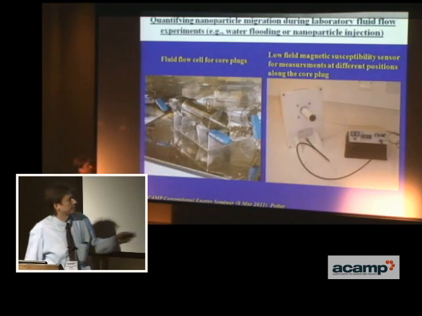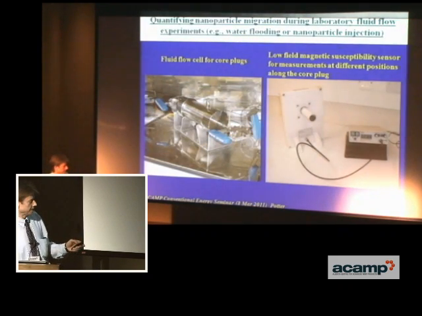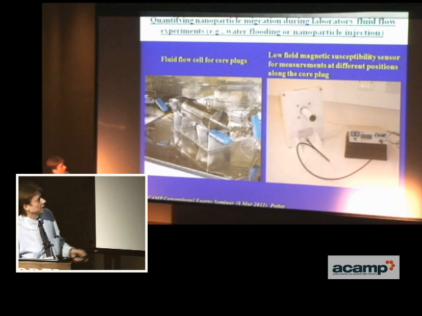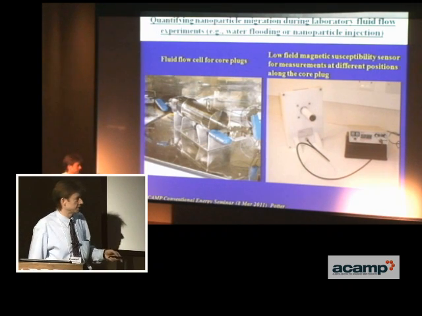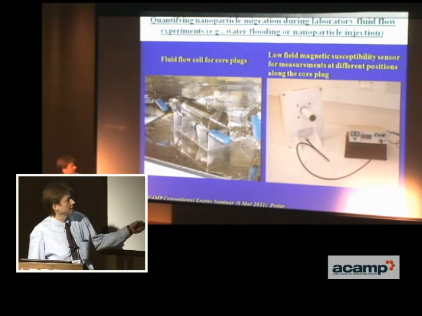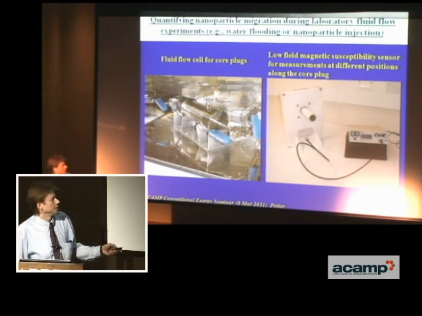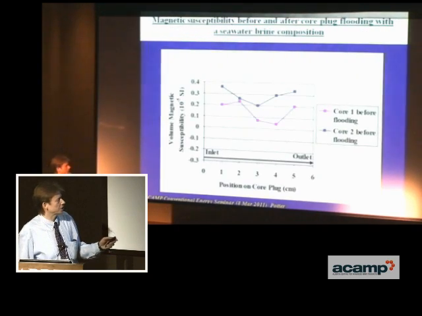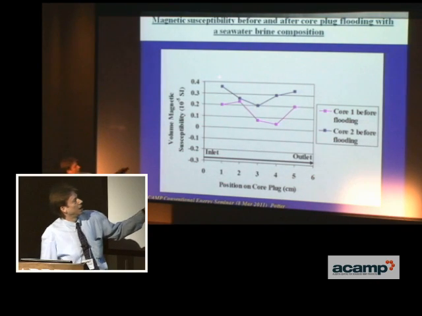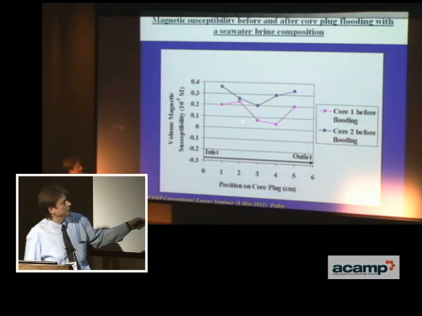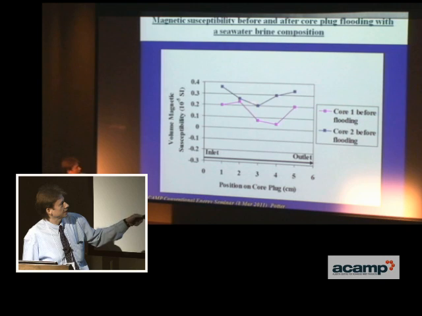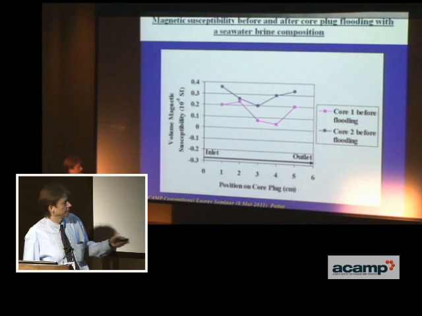Another main area that we're looking at is fines transport, and we can actually model this in the laboratory. Here's a flow cell, and we can model the magnetic properties in the laboratory. So this is just an example of a core flood, 2 cores here, and these are the magnetic properties before the core flooding.